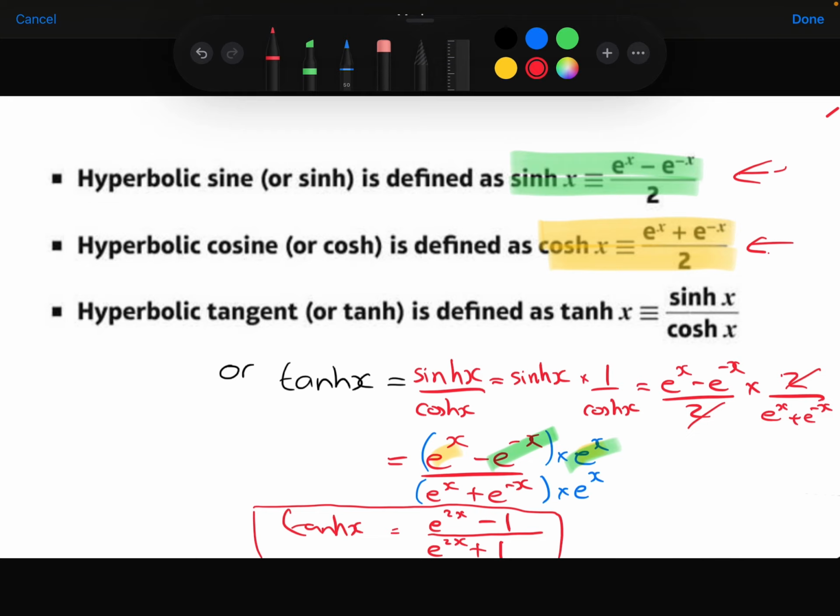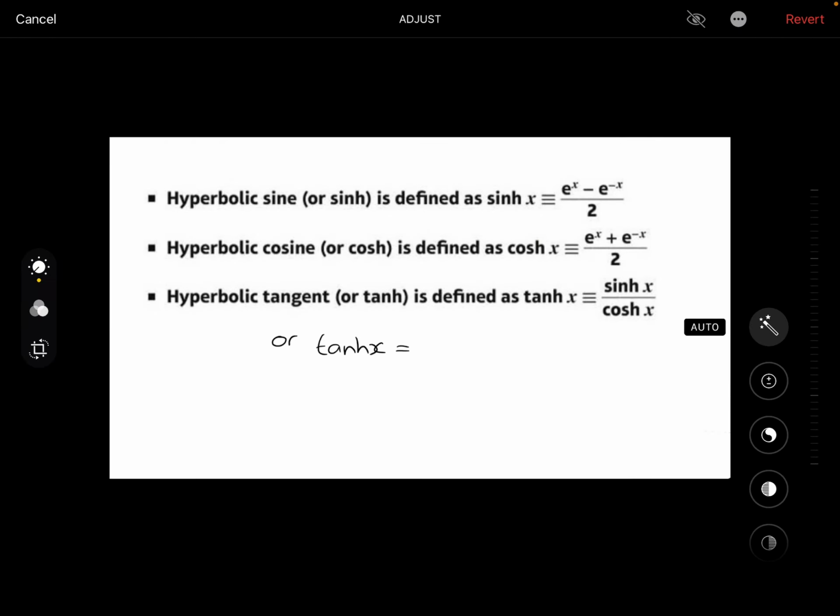So we have got sinh being defined as the y-coordinate of the unit hyperbola, and cosh being defined as the x-coordinate of the unit hyperbola, and how they then give us the equation x squared minus y squared is 1. Let's see now if these new exponential definitions still work with the hyperbola.